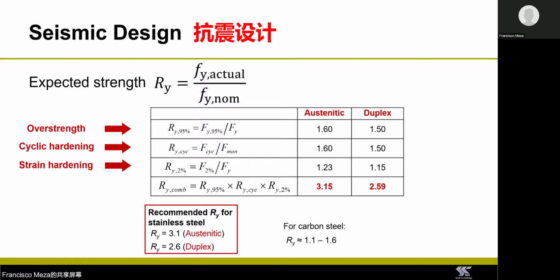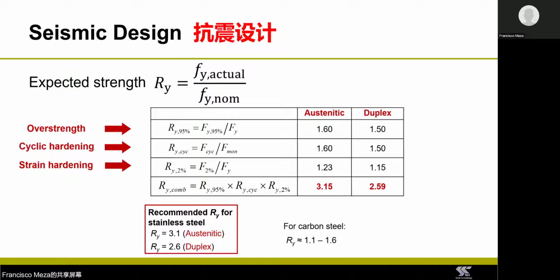In order to determine the expected strength of the energy dissipating members that you need to use when carrying out the capacity-based design of a stainless steel structure, you will need to consider the overstrength factor, the strength hardening, and also the cyclic hardening behavior of the material.